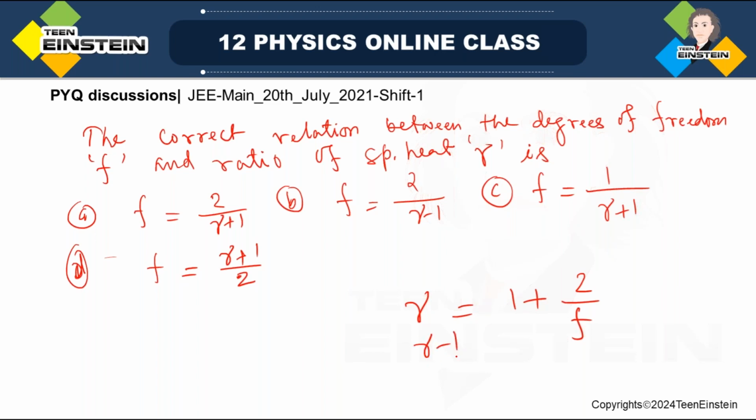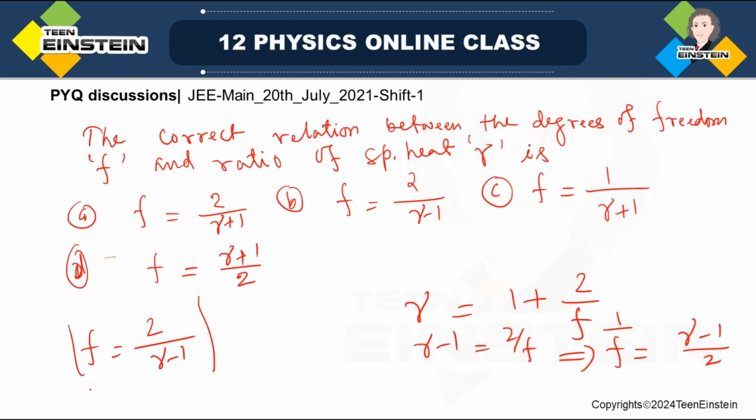So gamma minus 1 will be 2 by F. So 1 by F is equal to gamma minus 1 by 2, so F will be 2 by gamma minus 1. So option B will be the correct answer for this question.